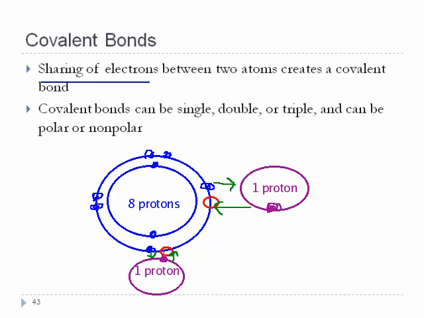Your book shows this toward the top of page 25. And so by sharing electrons, all of these atoms can become stable, and they're held together in a molecule that we call a water molecule.